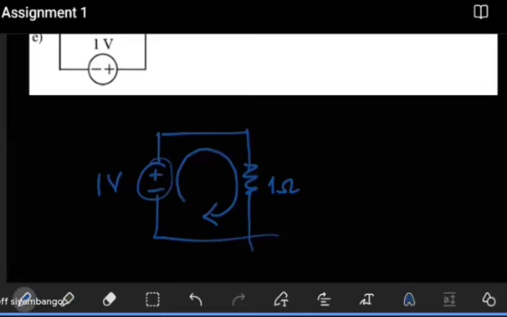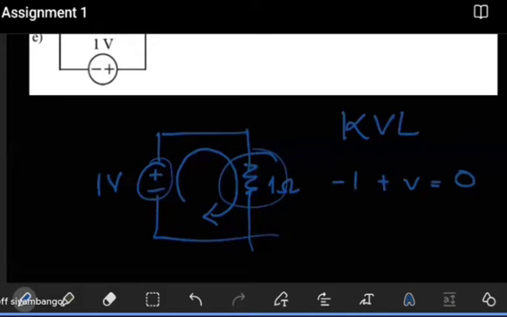The sum of the voltages around a closed loop, according to Kirchhoff's voltage law, has to be equal to 0. When looping, we're going to have minus 1 volt, then plus the voltage across the 1 ohm, V. This has to be equal to 0. We conclude that V is equal to 1.